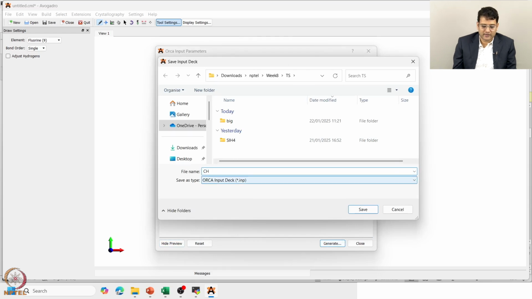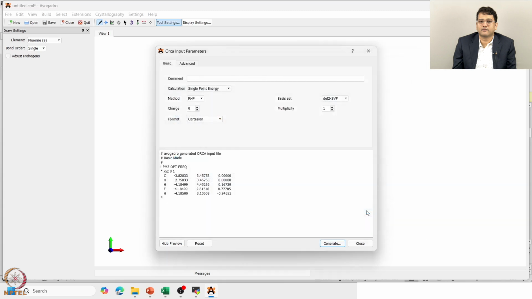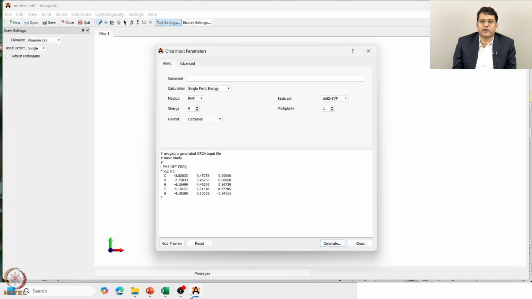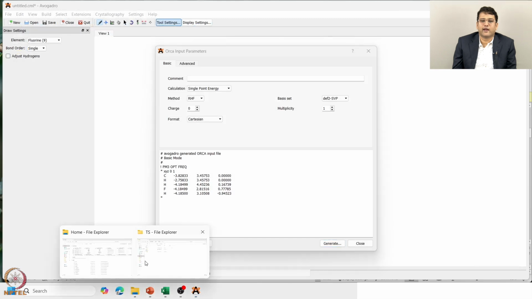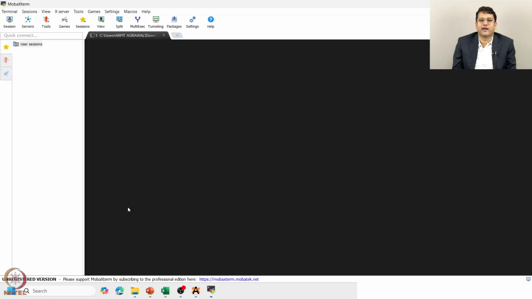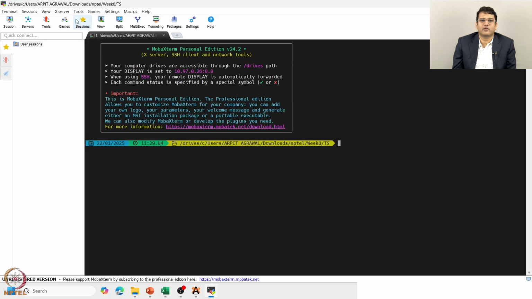It is CH3F. I am already in that folder. If you are not there, you can go to the folder. Now I am using only MobaXterm, because it is really convenient to see how the output file is running and how much time it will take. It is easier to guess.